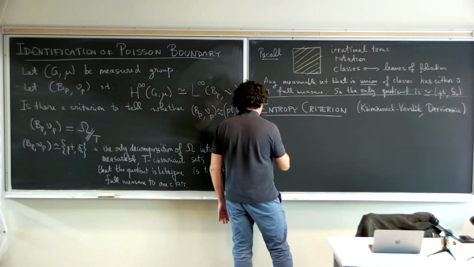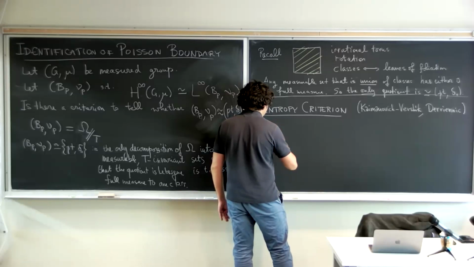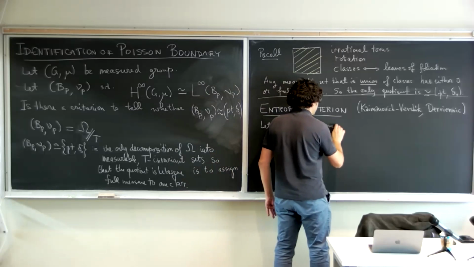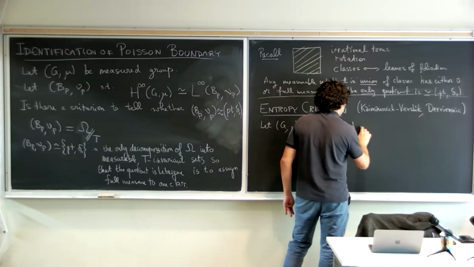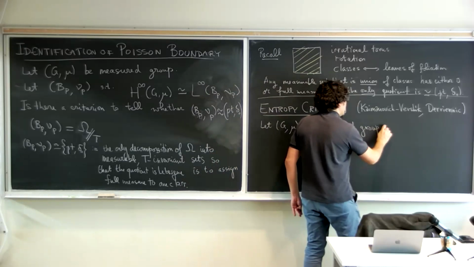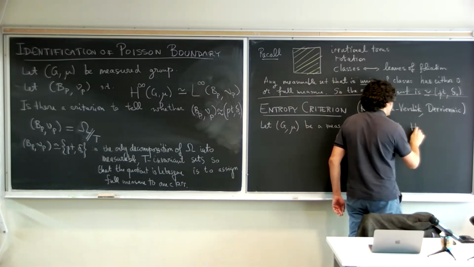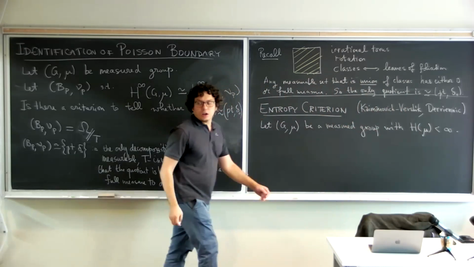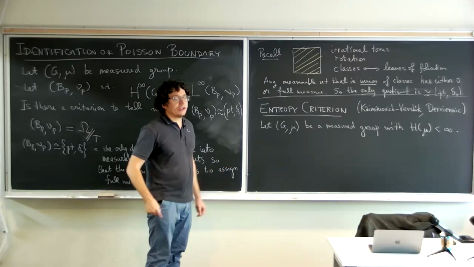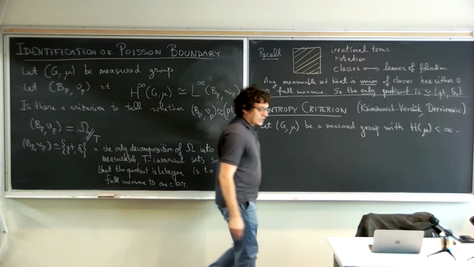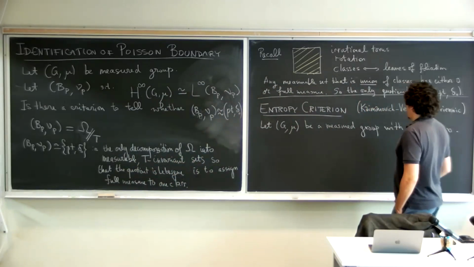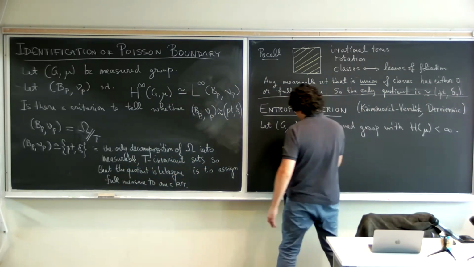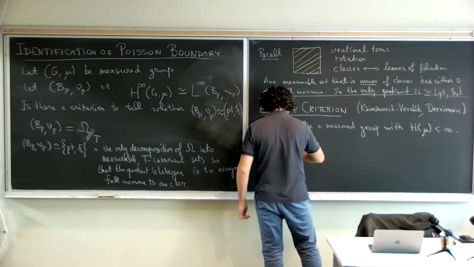So let's take again a measure group (G, mu) with finite entropy, so h of mu is finite. We will recall what the properties of entropy were. We already mentioned it last time. So the theorem is the following.